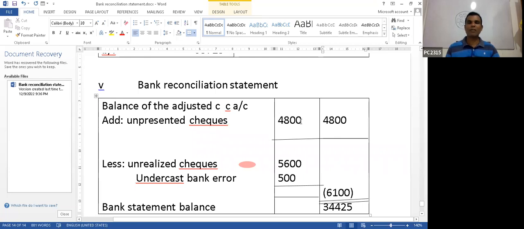In the cash payment journal, it is 600. 600 is the unpresented check value. Then unrealized check value is 2,000.